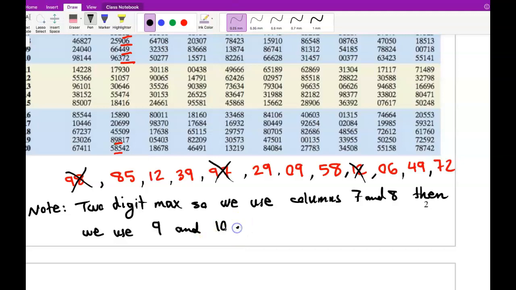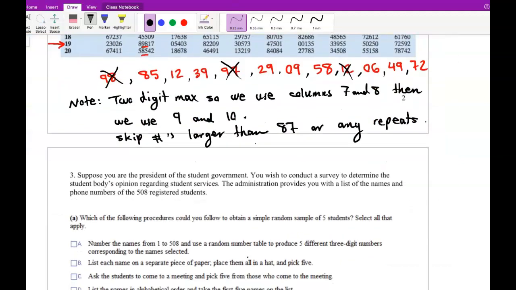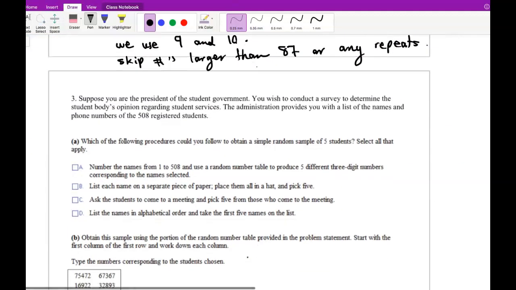And also skip numbers that are larger than 87 or repeated. Okay, finish that one. Now, next page, number 3.